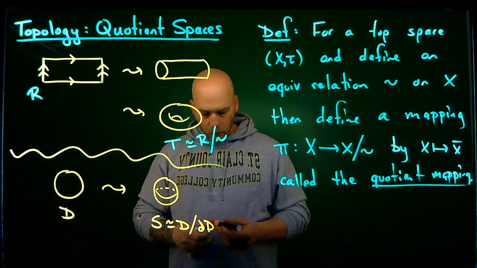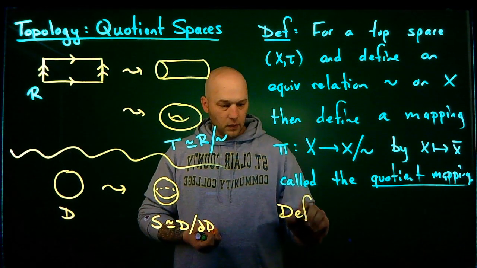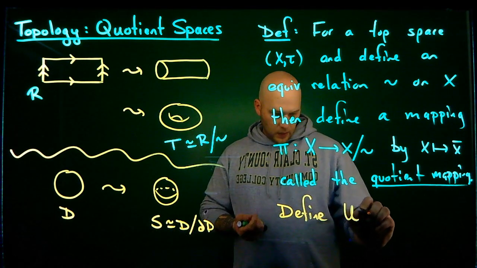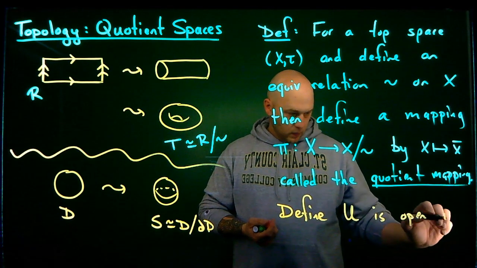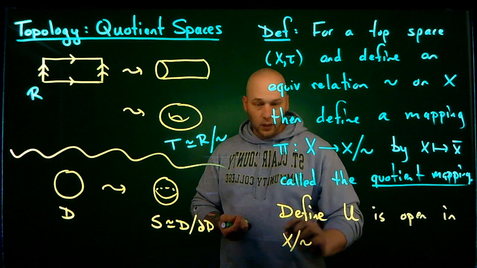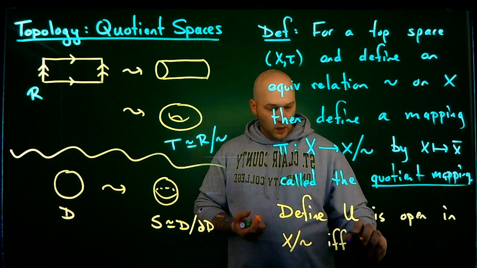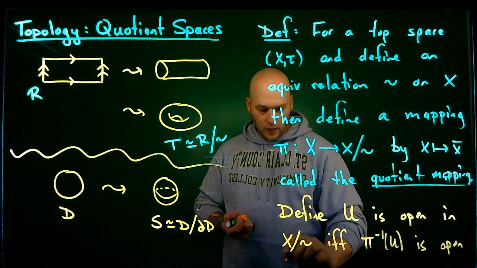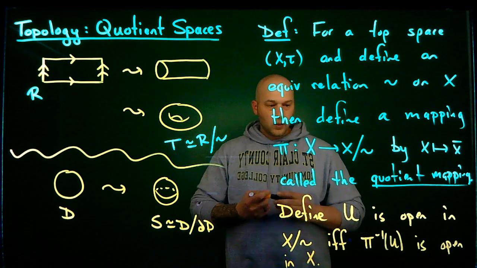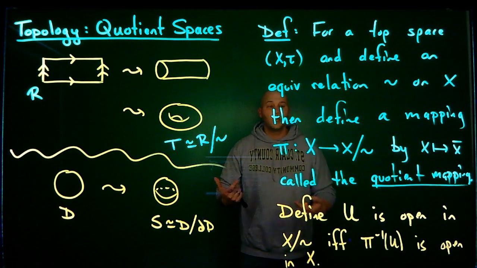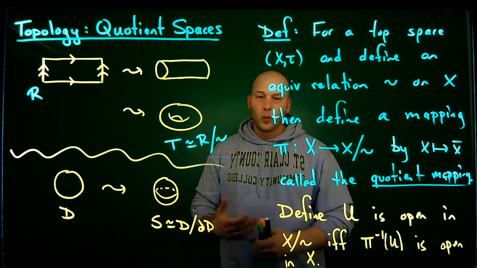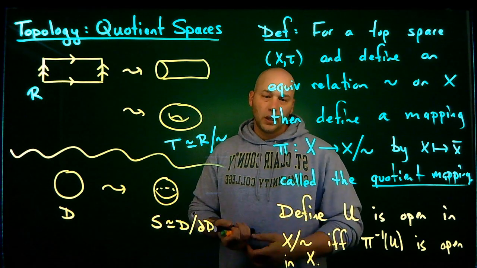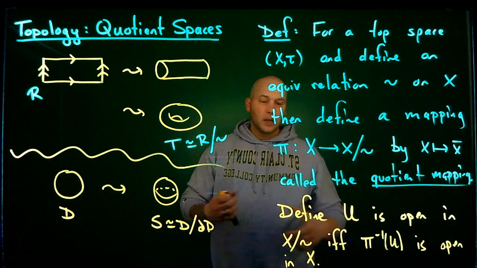Well, what I'm going to do is define U to be open in the quotient X modulo tilde if and only if the preimage of U is open in X. We can see that this forces the quotient mapping to be continuous, which is one of the basic types of functions in topology, so naturally we would want the quotient mapping to be a continuous function.